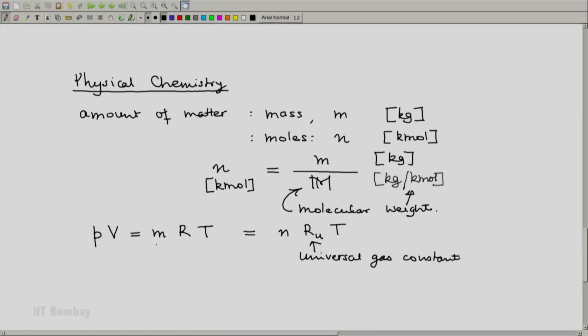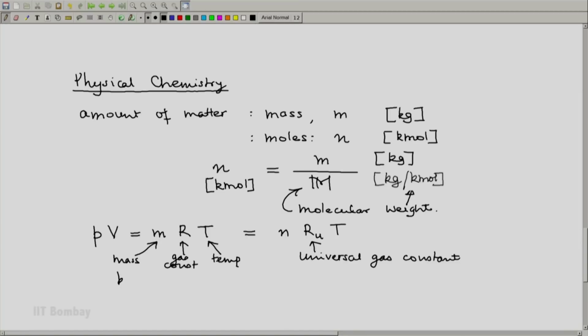So, remember that in the first right hand side of the equation, m is mass, R is the gas constant for that given gas, and T is temperature.